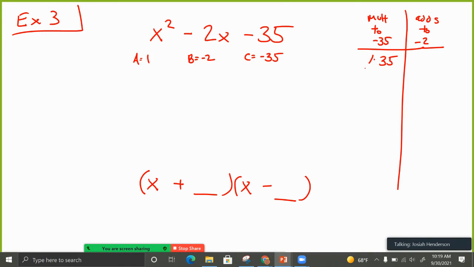Try 2. 35 divided by 2 doesn't give us a whole number. Divided by 3 doesn't give us a whole number. When we get to 5, it'll work. 5 times 7. And if you notice the space between 5 and 7 is 2, that means we're on the right track.